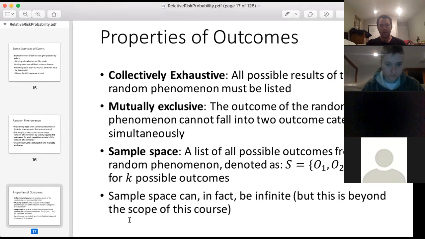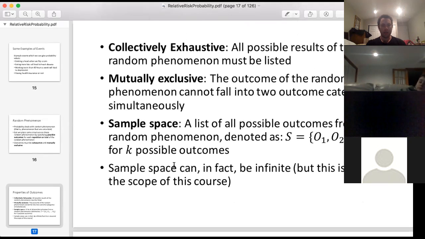So here we have the properties of outcomes. We have collectively exhaustive events, so that we can actually list out what the different outcomes are. In other words, with the coin flip, we have either heads or tails. Mutually exclusive, we went over. And sample space is a notation we can use to denote the possible outcomes of a given event.